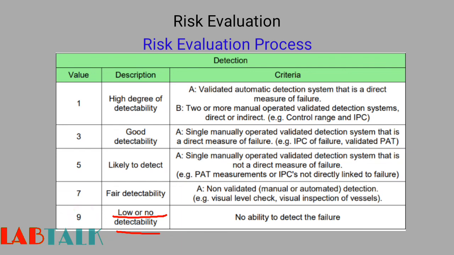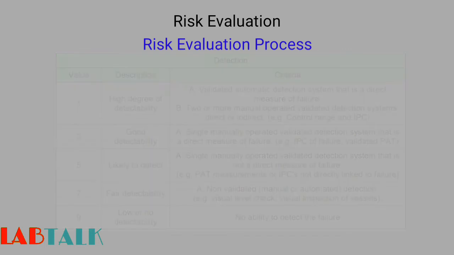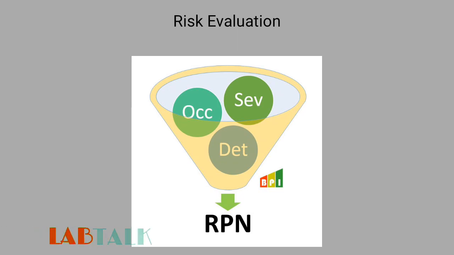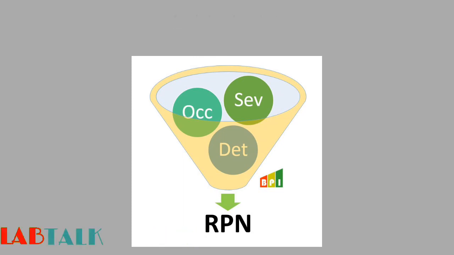In such cases, the risk may go undetected and the system may not be able to detect the failure. So this RPN calculation scoring system will help to prioritize the risks and to take appropriate actions or a treatment plan on the risks which are identified.